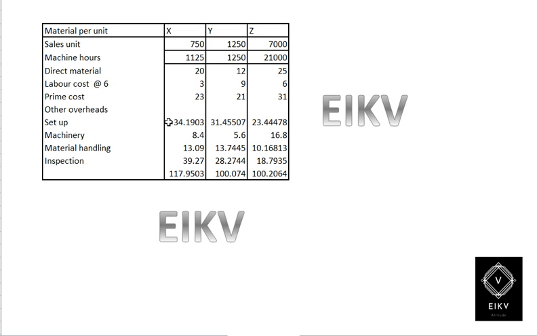Now we have setup cost: 34.1, 31.48 and 2.3. For machinery 8.4, 5.6 and 16.8. Material handling 1.39, 2.02 and 1.49. Inspection 39.27, 28.27 and 18.79. Therefore the total costs are different for products X, Y and Z.